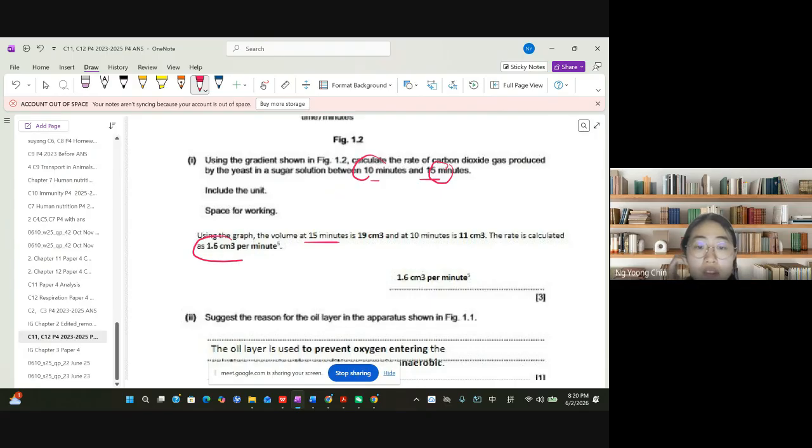You just need to divide. 19 divide 15, let me check the answer. 19 divide 15, you get how much? 1.6 cm³ per minute.